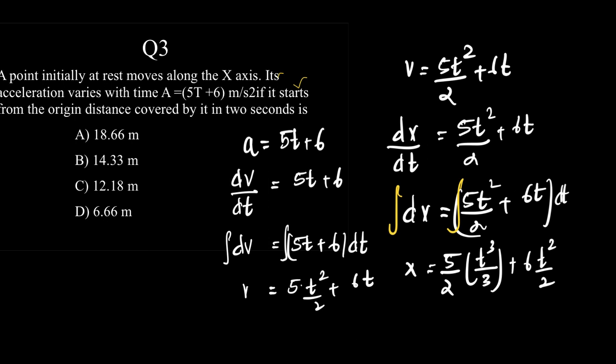Now, what are we asked to find out? Since it starts from the origin, the lower limit is 0, so we just need to find the upper limit, which here is 2 seconds.